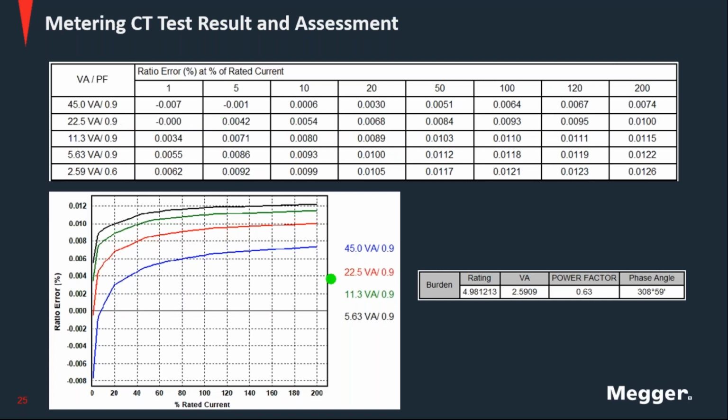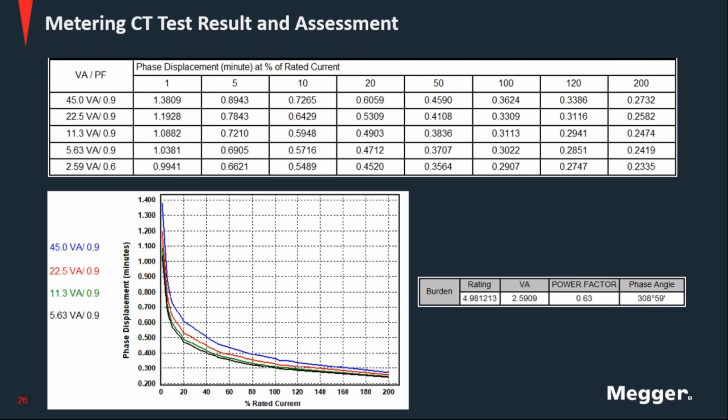So this blue curve is at 45 VA, and you have from 1% of rated current up to 200% of rated current. So it's not totally linear, but you can see that it shows a linear behavior, and especially at the areas where the instrument transformer needs to perform better, it has more linearity. So this is the part of the ratio error.